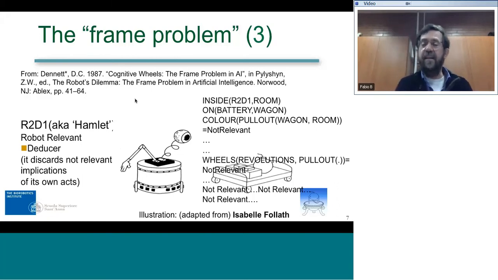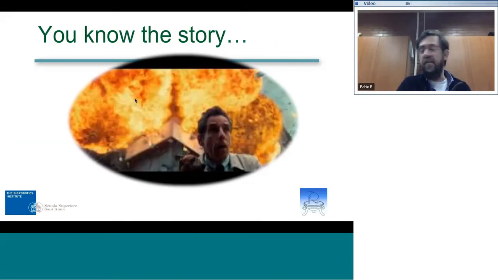So again, I have to calculate all the consequences of the acts, and then also classify them as relevant, less relevant, more relevant. What happens in this case, in this experiment, is always the same.